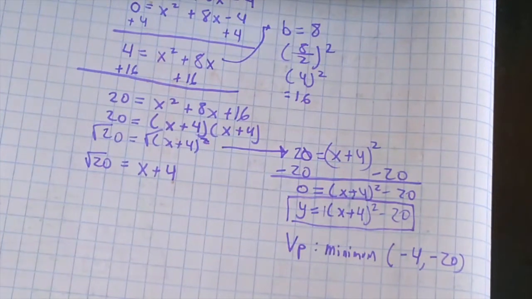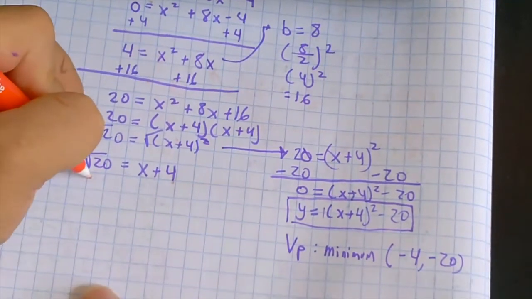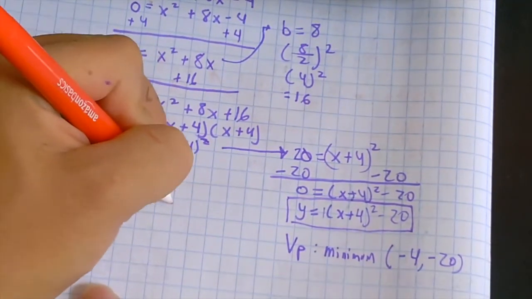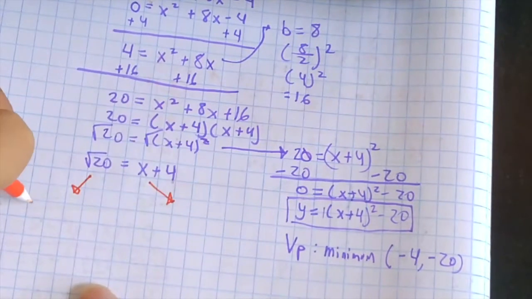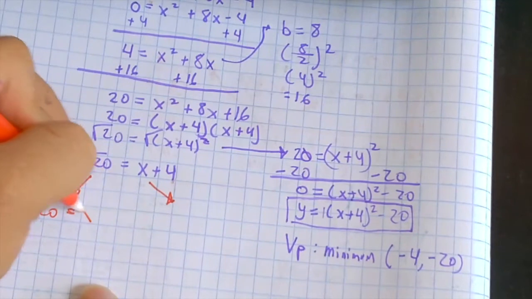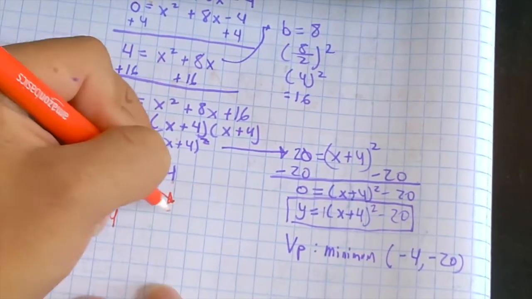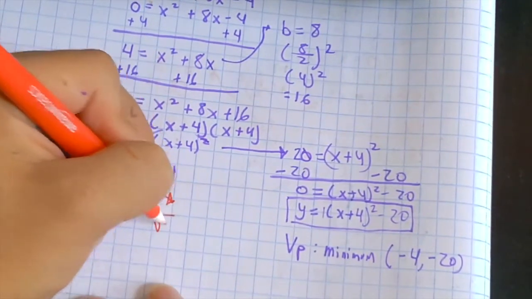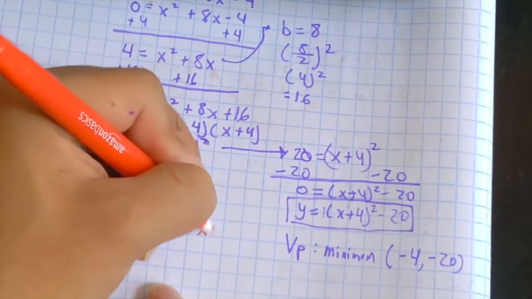And now here is where things are going to get different. We're still going to separate and solve, right? So we have now square root of 20 equals x plus 4, and square root of 20 equals x plus 4.